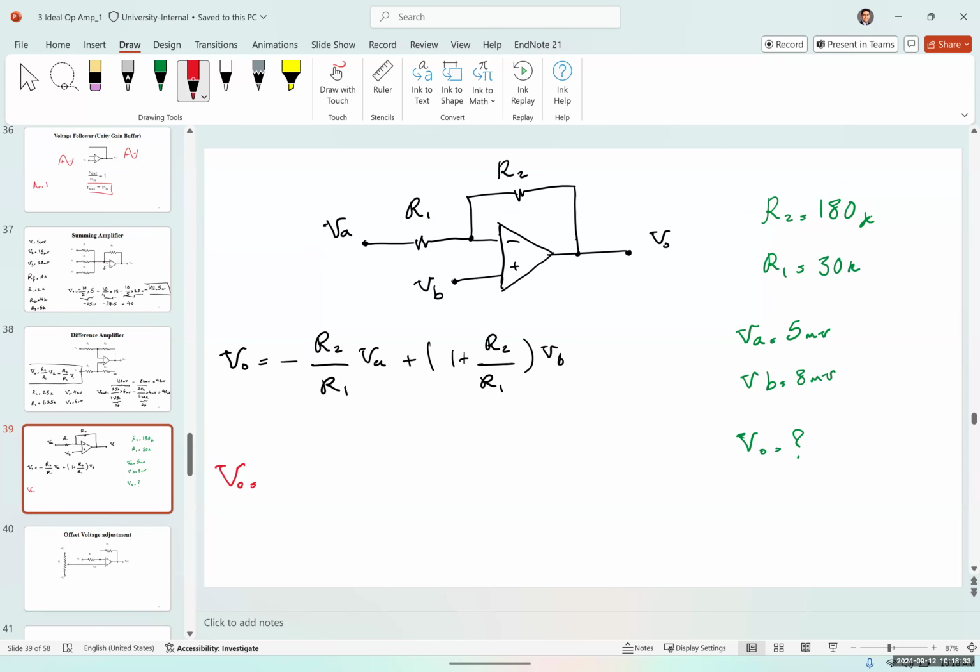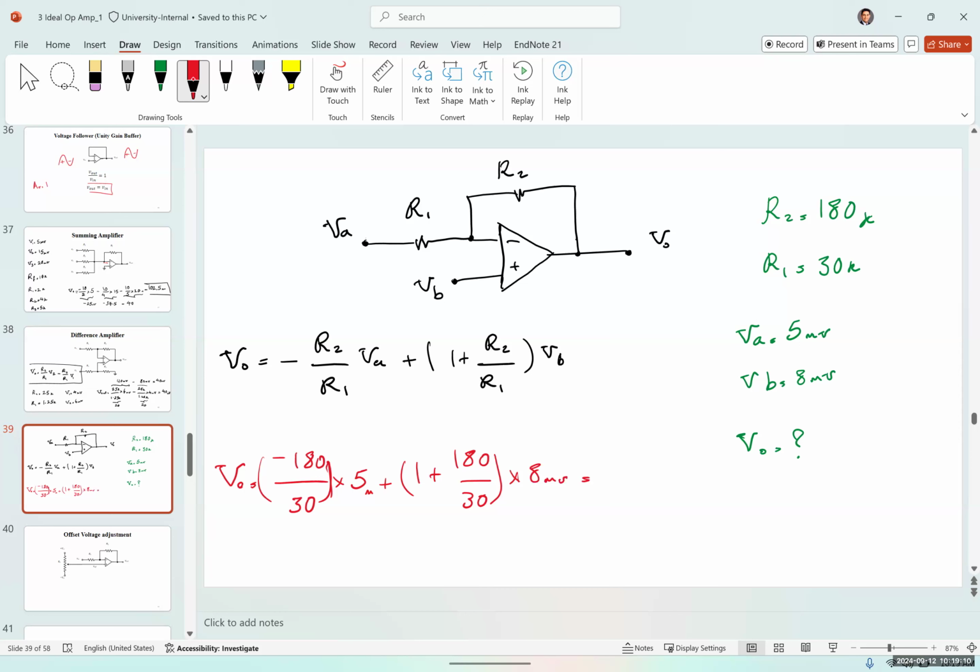So V out would be equal to negative 180 over 30, because they both have the same kilo ohm unit, so you can just divide them. So you can just say negative 180 over 30 times 5, this is millivolts by the way, plus 1 plus 180 over 30 times 8 millivolts.